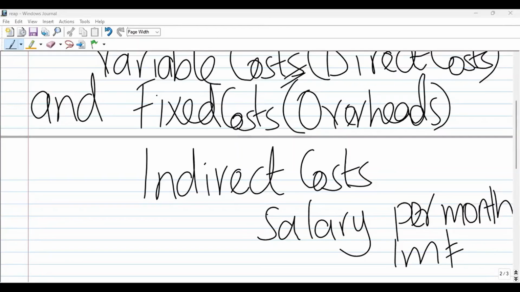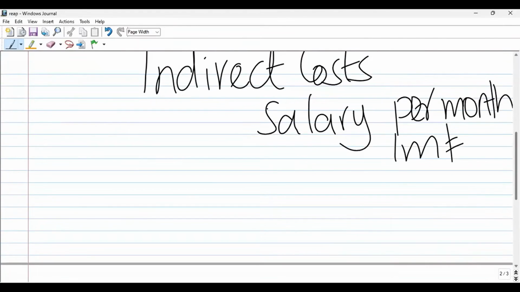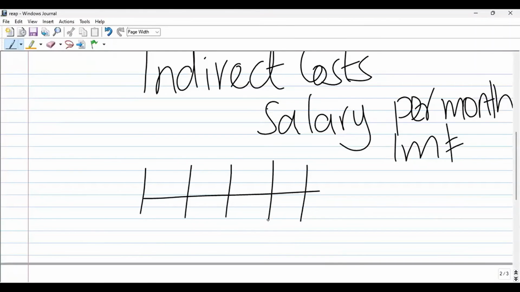Let's say you have a certain cost, for example, water bills. Maybe you have a full floor which has different rooms, and you're paying the landlord rent for the whole building worth 20 million shillings.